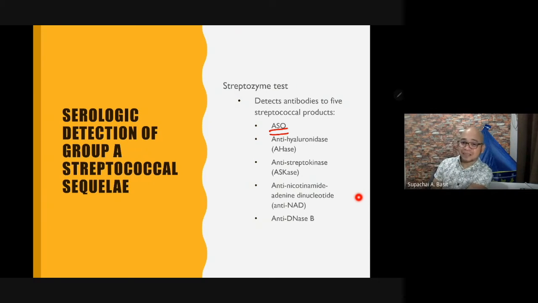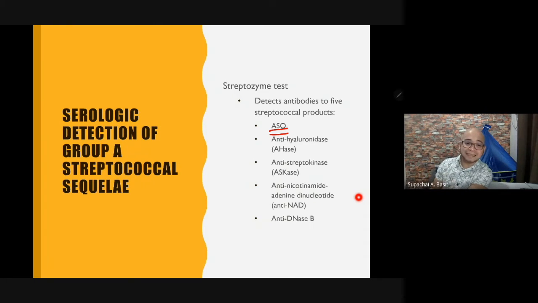Anti-streptokinase is an antibody against the streptokinase enzyme. Streptokinase is the enzyme that can lyse blood clots. That's the basic function of streptokinase. And then anti-nicotinamide adenine dinucleotide, NAD, is an important coenzyme as well.